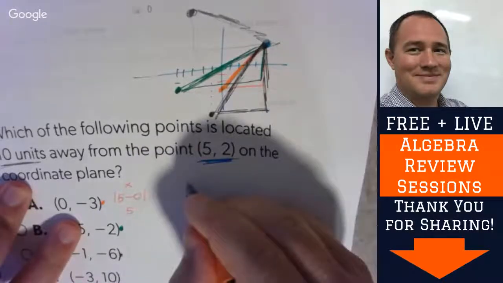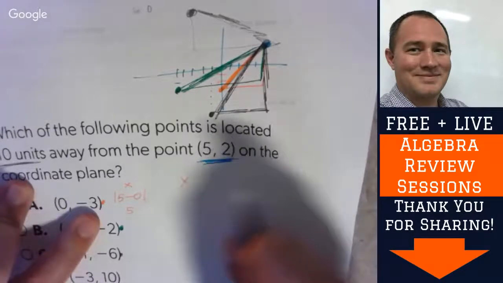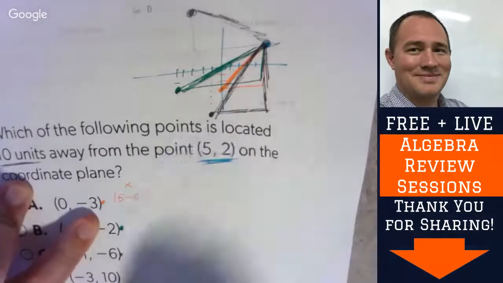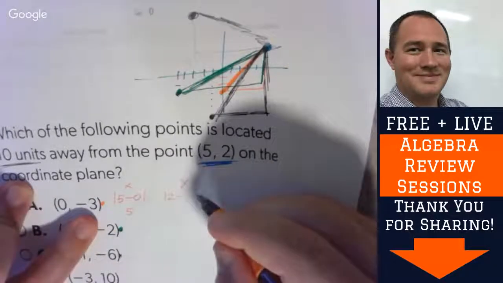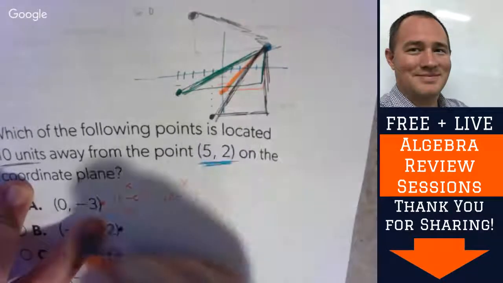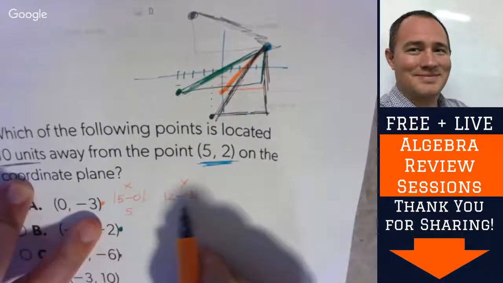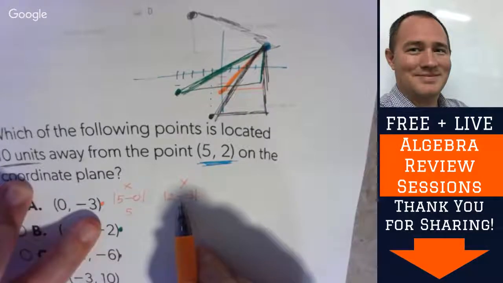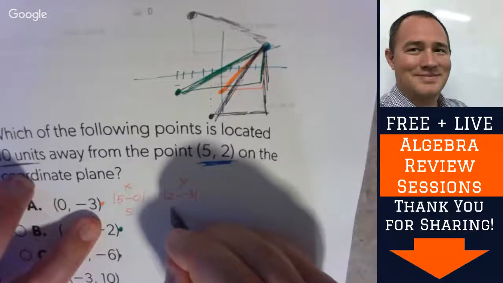Now let's do the y. So that's going to be 2 minus negative 3. That minus is part of the formula for finding distance. This negative is attached to the 3. So 2, take away negative 3, that's like 2 plus 3. That's going to be 5.